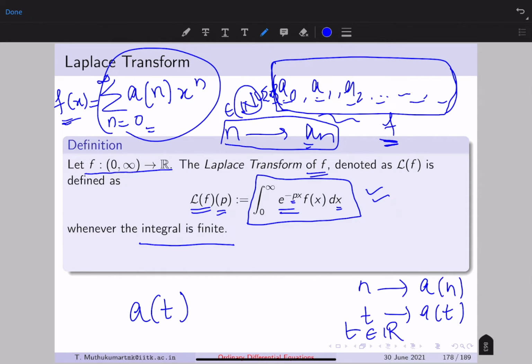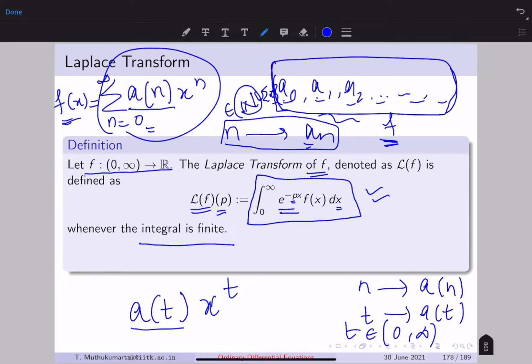But since you started with nonnegative integers, let's say the positive real numbers. Now you can replace an by the continuous analog, a of t, times x to the power t.